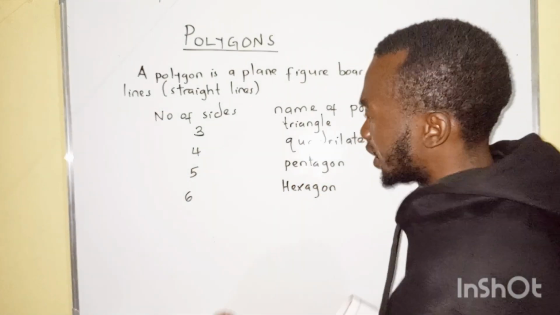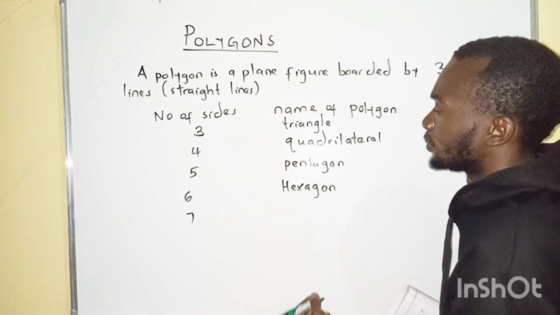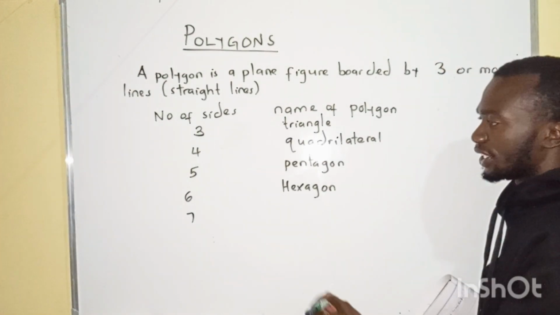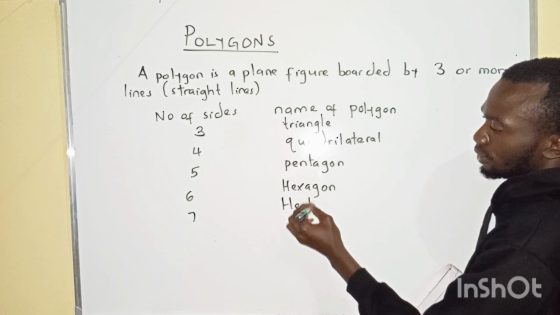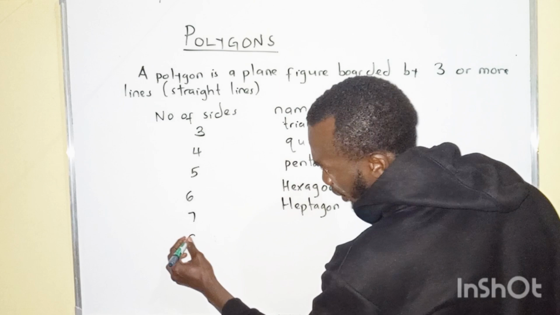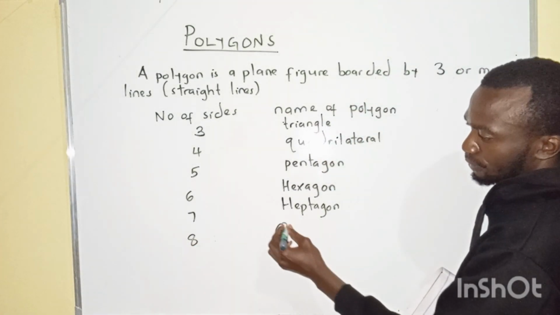A 7-sided polygon is known as a heptagon. An 8-sided polygon is known as an octagon.